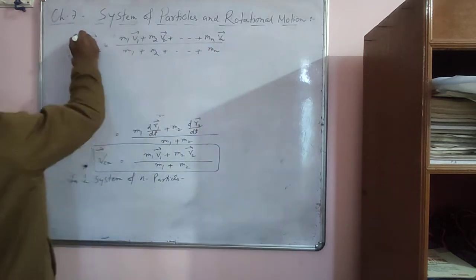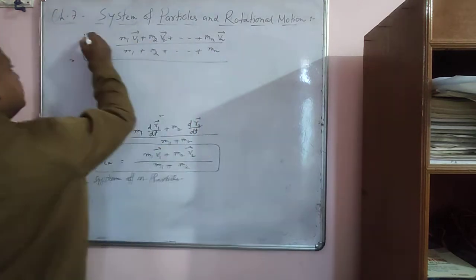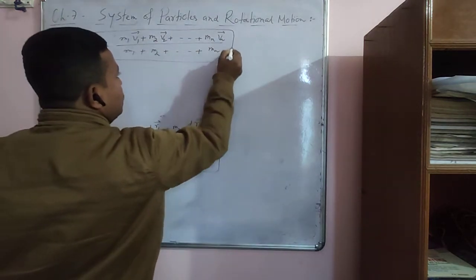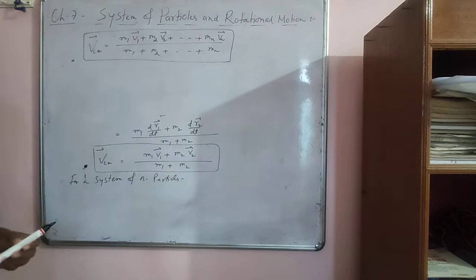So this is the velocity of center of mass for a system of n particles.